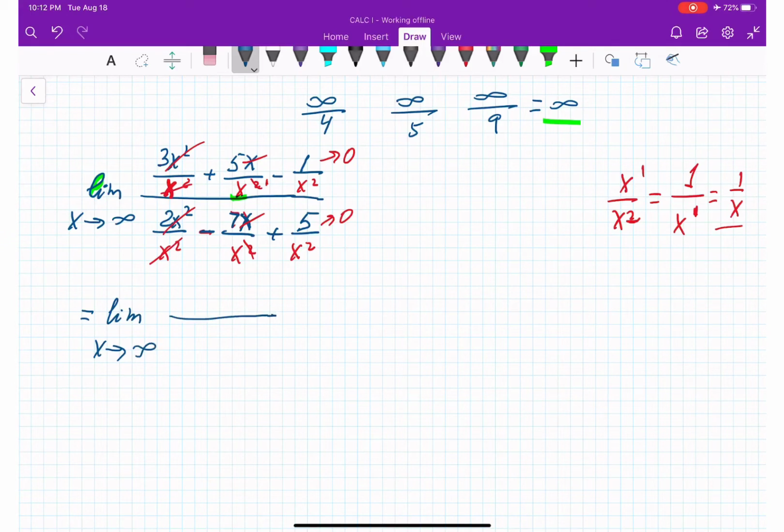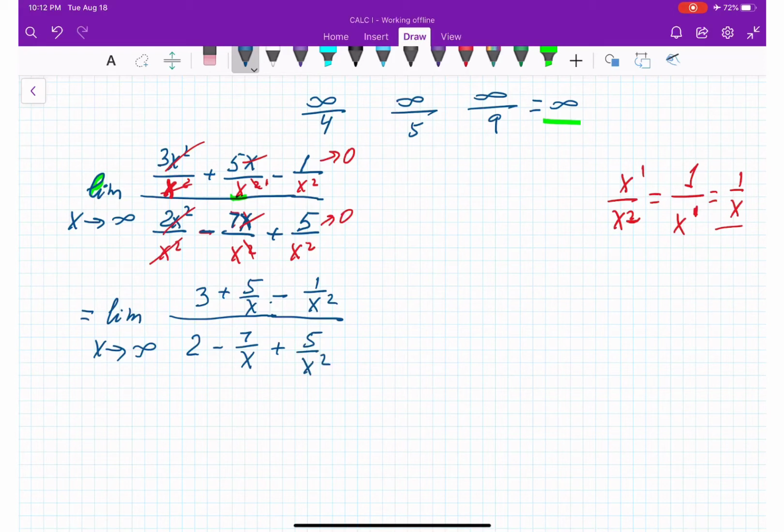So what we have left, we get 3 plus 5 over x, minus 1 over x squared here, and we get 2 minus 7 over x, and then plus 5 over x squared.